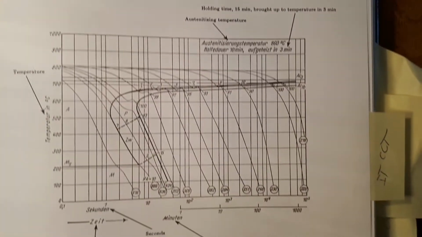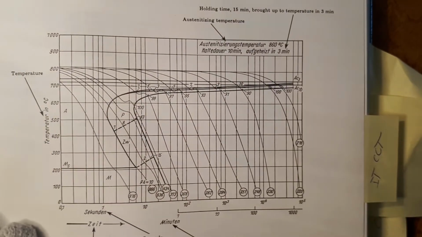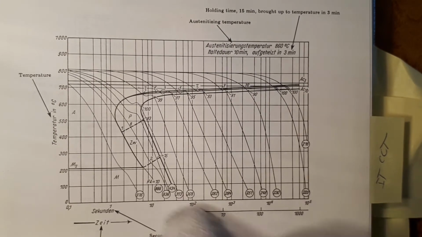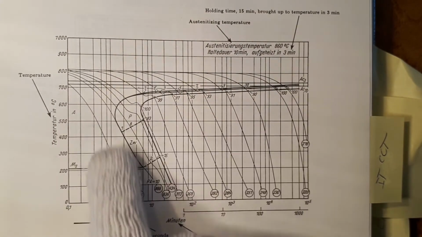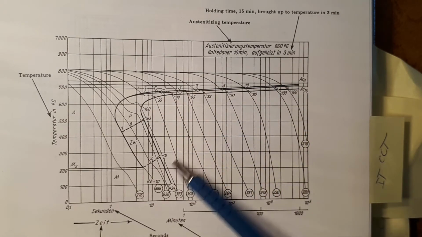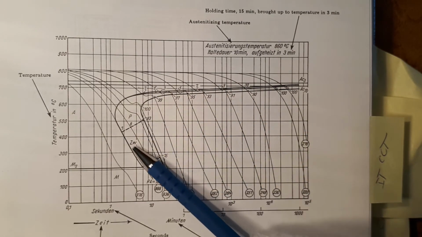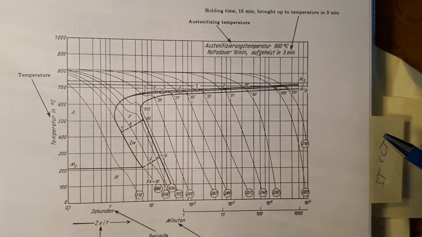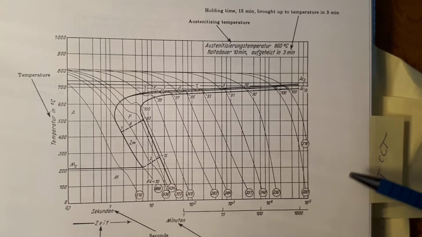And here is what a CCT diagram would look like. It's very much like the IT diagram, except most of it is always shifted over to the right. Here, this dark line, this C curve that you see here, this C shape, that is the actual CCT diagram, continuous cooling transformation diagram.